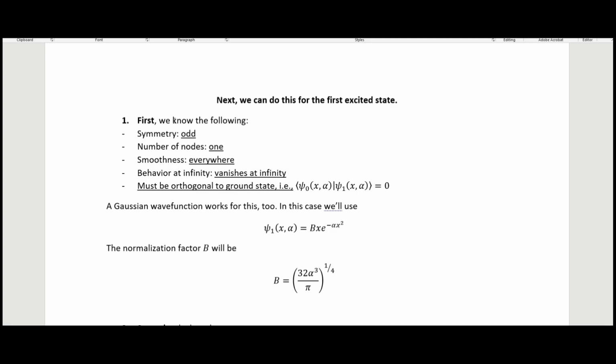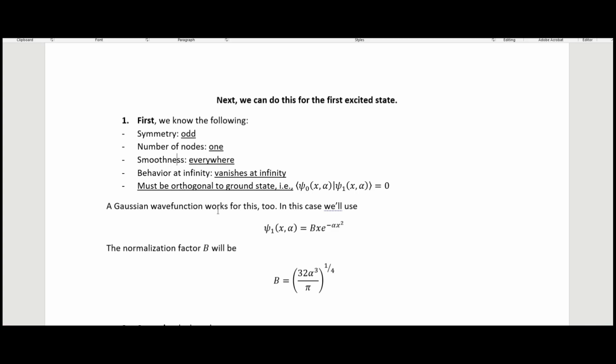And so now we know the following: that our symmetry has to be odd, that the number of nodes has to be 1, that it has to be smooth everywhere, vanishes at infinity, but now we also know that it has to be orthogonal to the ground state because remember, our wave function is a linear combination of all of these states, and so they have to be orthogonal to each other. And so that means the inner product of the ground state with our first excited state has to be 0.